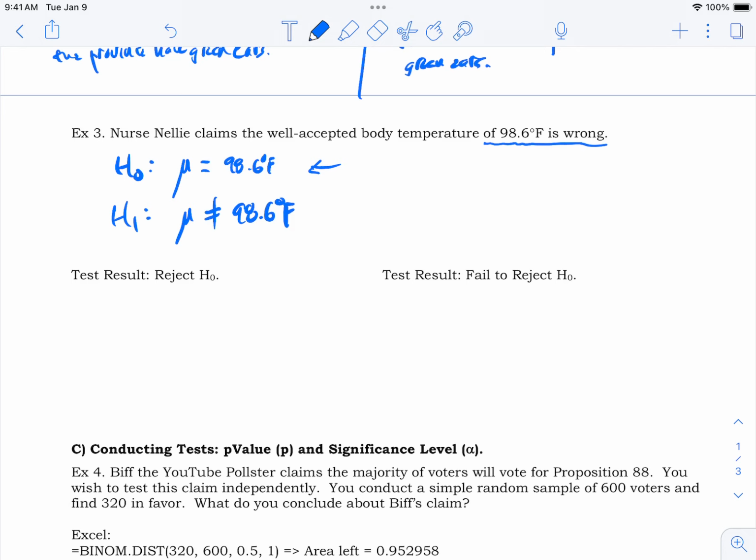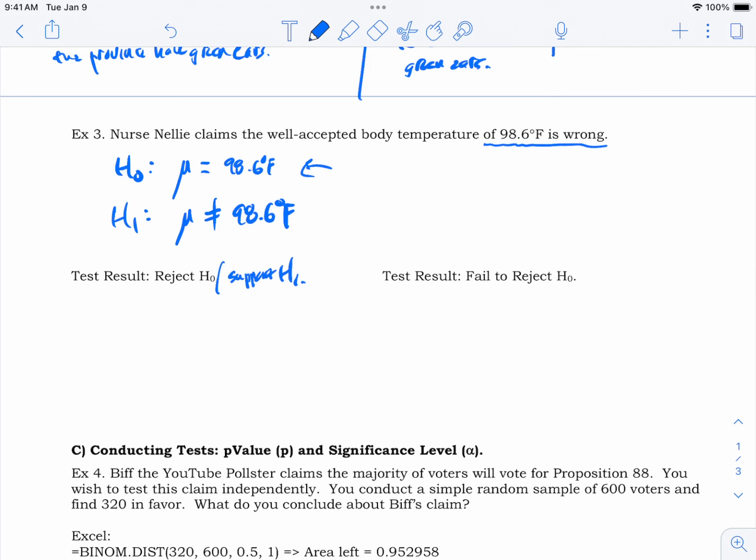Well, that would have a low p-value, right? Because if you're expecting that most people have a 98.6, and then you take a sample of 1,000 and it has an average of 90, you'd say, well, that's not what I was expecting at all. That has a low p-value. That is not likely a chance result. Something's going on here. I think this is wrong because I got 90. So reject H0, which again is the same thing as supporting H1.